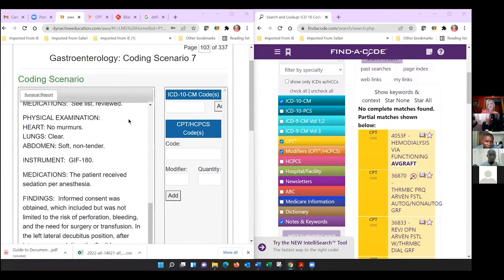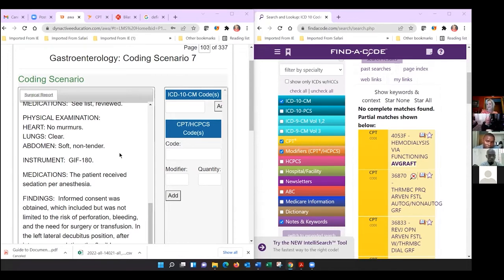He says the medications list was reviewed. We don't have that in this chart. But then he does the physical exam. So is there anything here that I can make notes on? I've got no murmurs on my heart. Lungs are clear, abdomen soft, non-tender. There's nothing to write down there, right? That pretty much means it's normal, no complications with the physical exam.